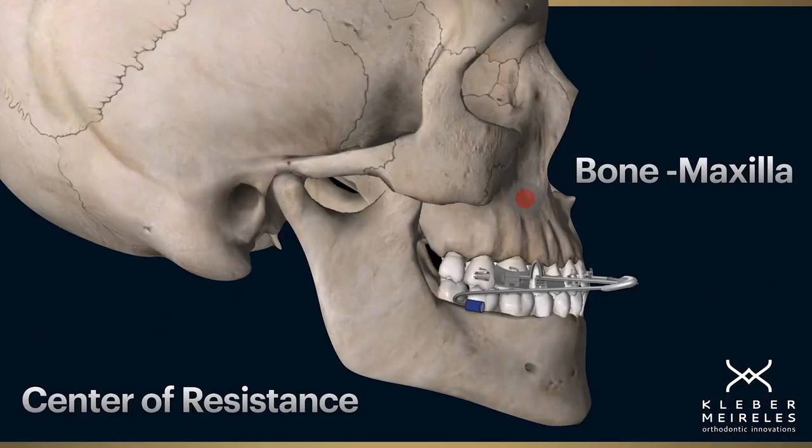We also have the center of resistance when we are applying a force to a different structure, for example, the maxilla, which is attached to the skull by sutures.